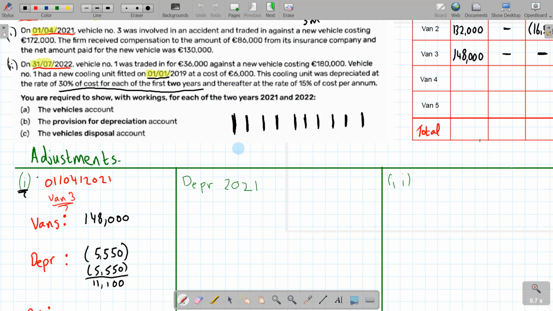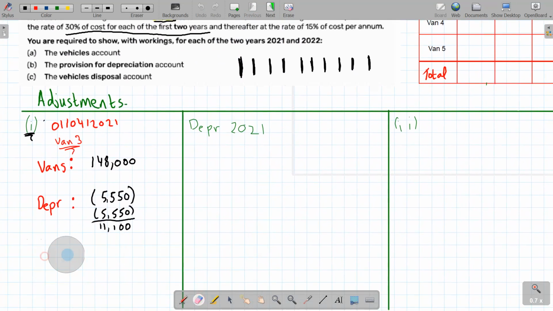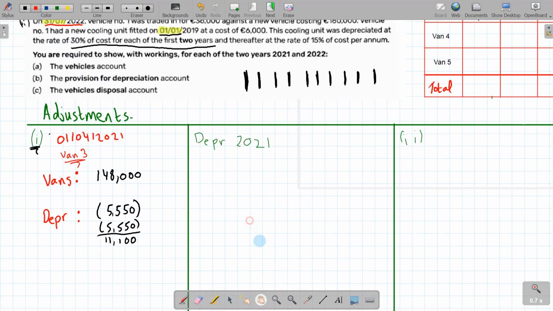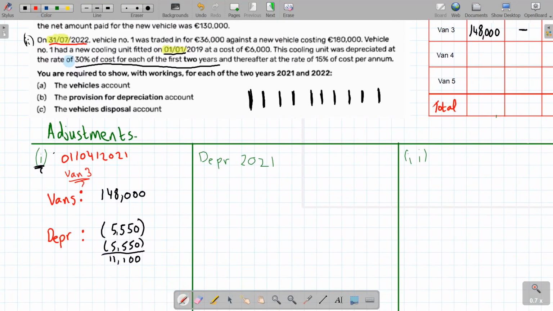Now, the other two things that are really important are the trade-in allowance and the compensation.